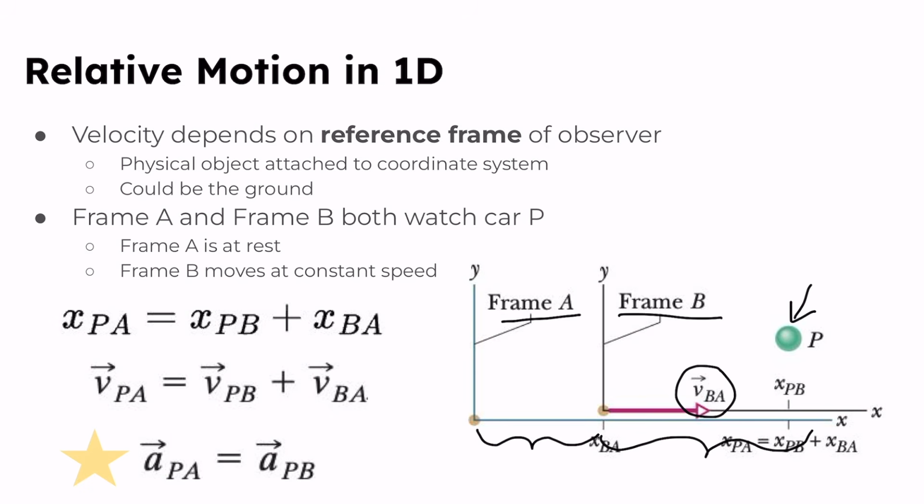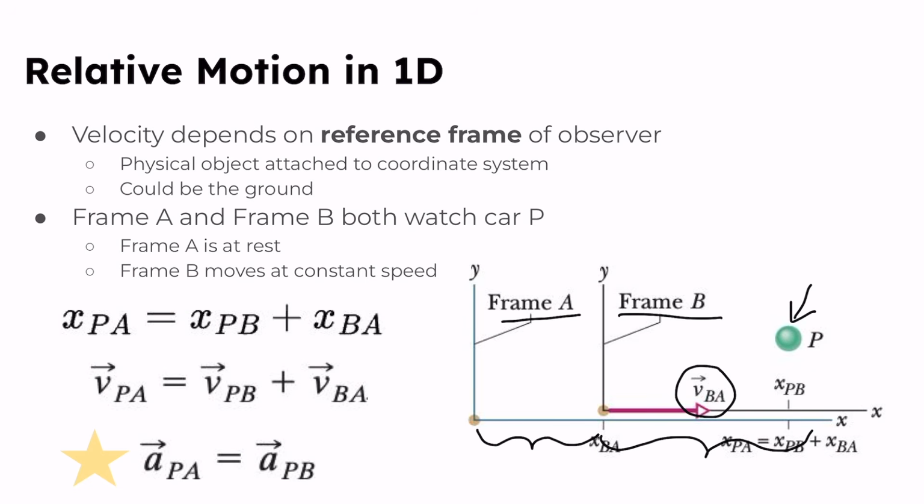So we just add those two up to get the total distance, which would give us the position of P. This gives us an important relationship between the coordinates of the different reference frames. What this tells us is that the coordinate xPA of P as measured by frame A is equal to the coordinate xPB of P as measured by frame B plus the coordinate xBA of B as measured by A.